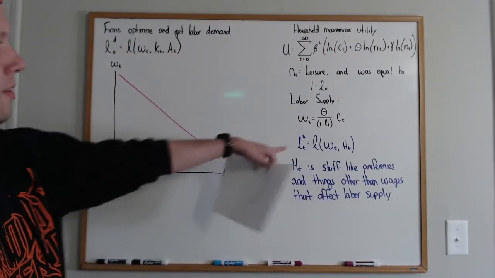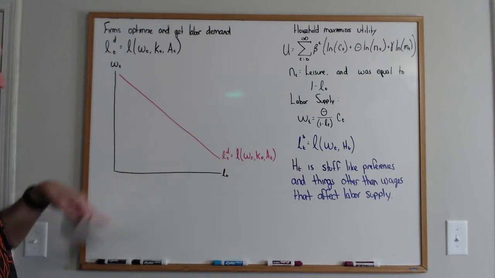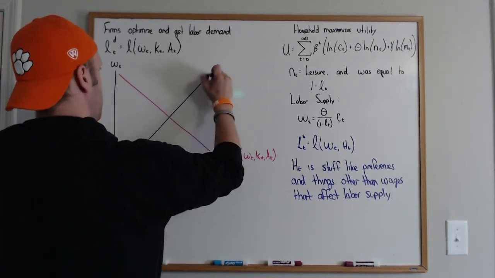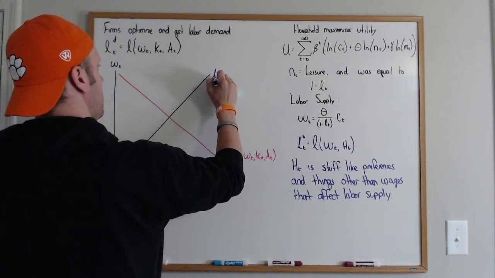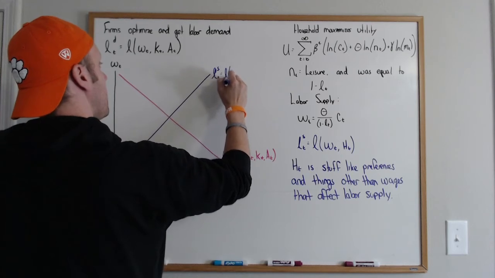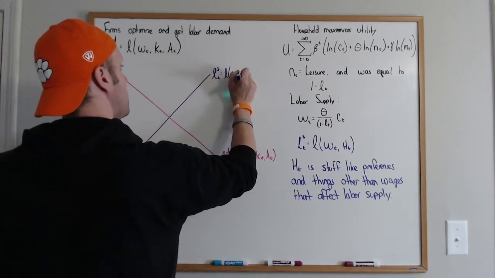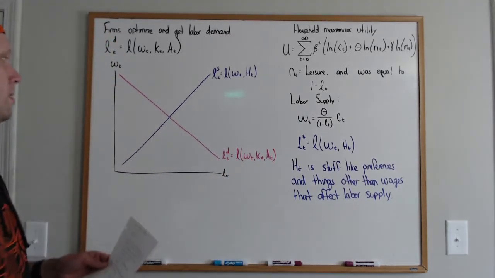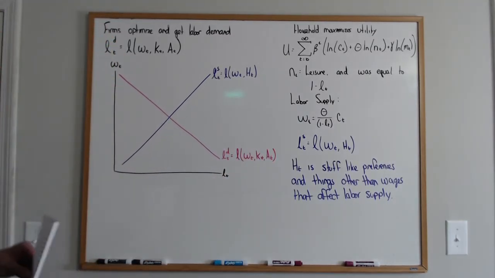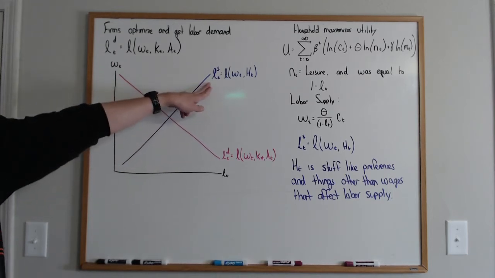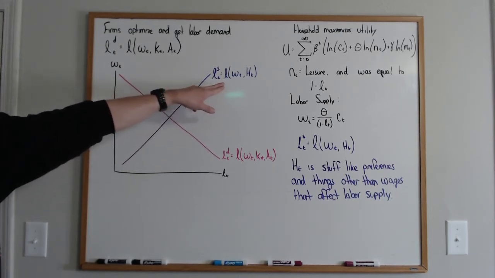So if we were to graph labor supply here, what we would get is this upward sloping labor supply curve, because it's increasing in wages.